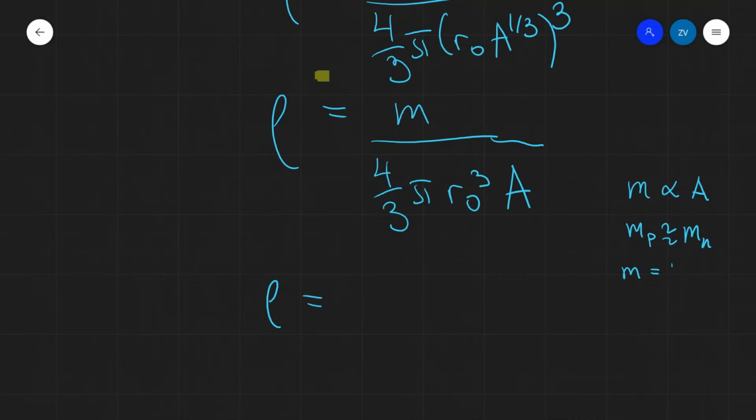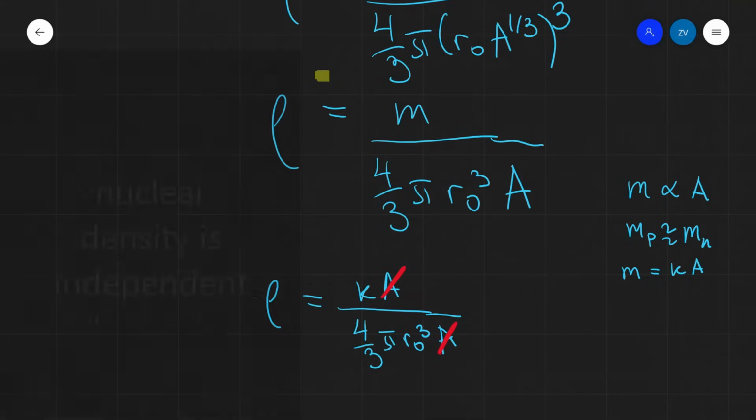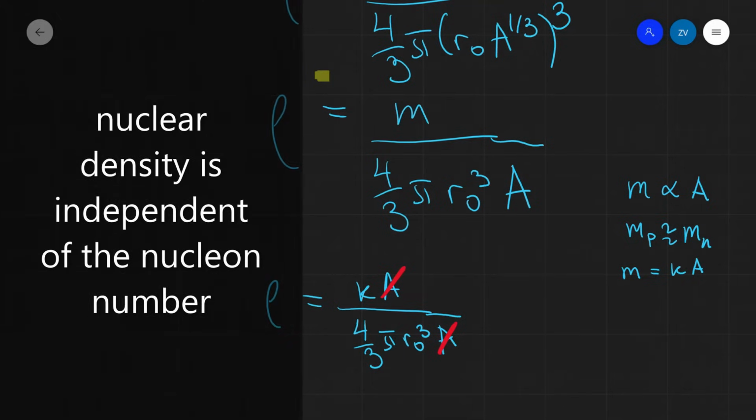In other words, let's call that kA for some constant k. Our nuclear density will be kA over 4/3 pi r0 cubed times A. And notice we can do my favorite thing in physics, which is to cancel terms out, and our nuclear density is independent of the nucleon number.